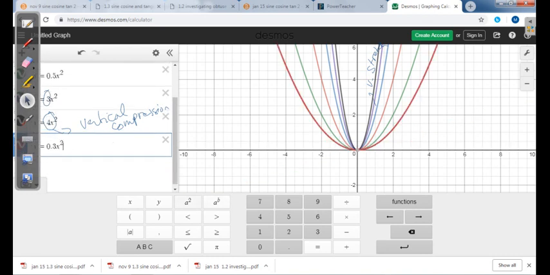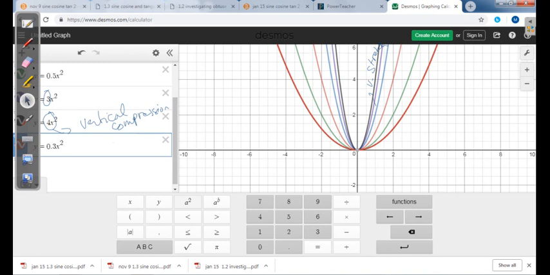So what's the correlation between the values of A? As close as the vertex is stretched, as apart from the vertex is compressed. But what can you tell me about the A values? As long as the A value is greater than 1, so it's 2, 3, 4, 1.5, greater than 1, I am going to have a vertical stretch.